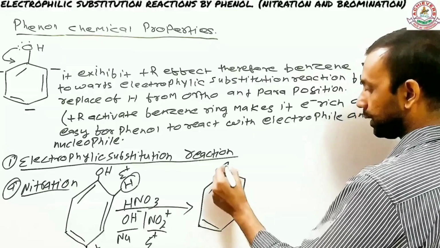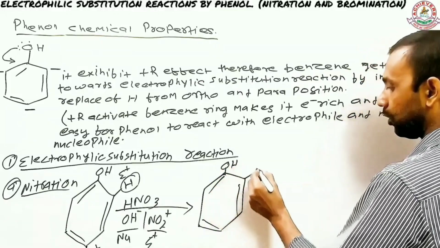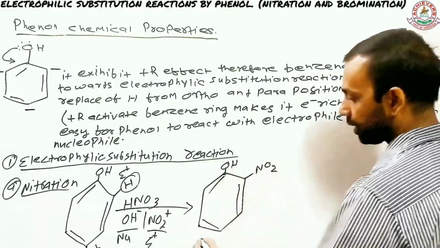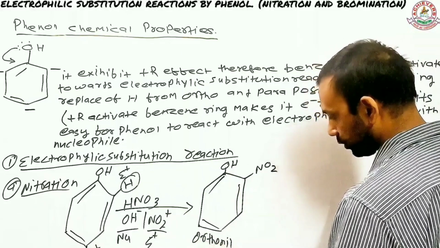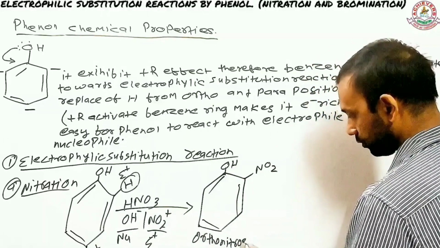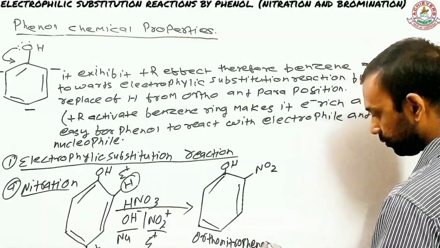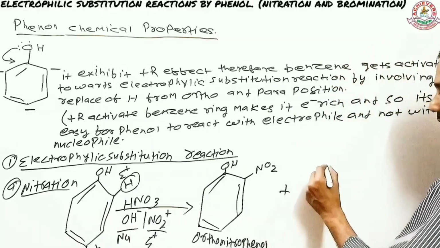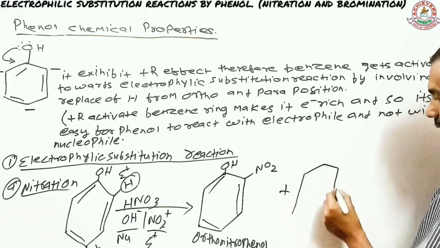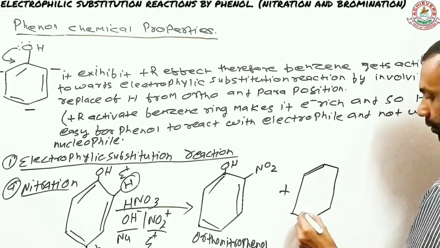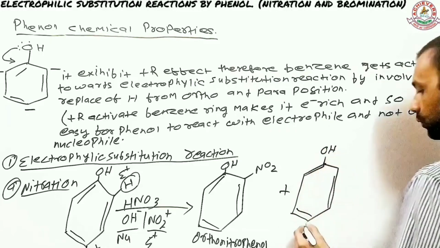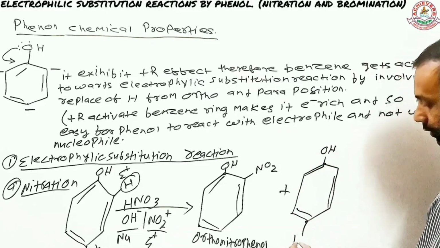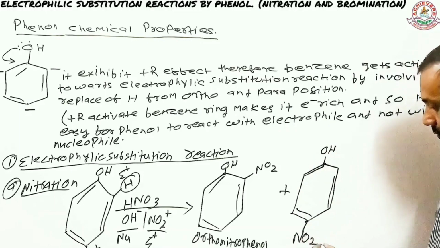So the first product is orthonitrophenol. What is this called? This is called orthonitrophenol. And another one, like I said earlier, is going to be paranitrophenol, and the para position is this one, right?